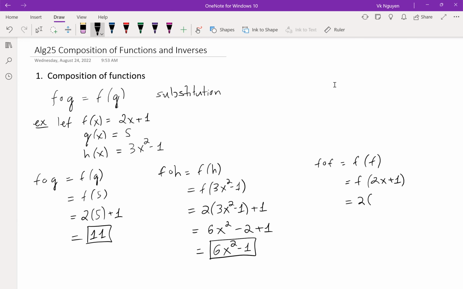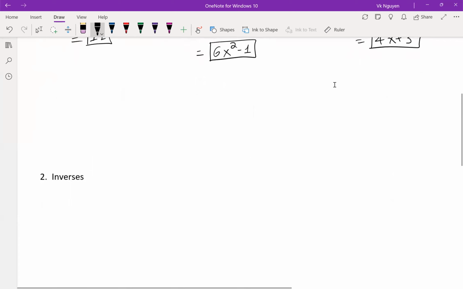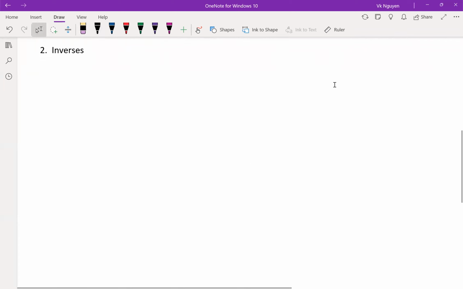So we have 2 times 2x plus 1, plus 1. 4x plus 2 plus 1. 4x plus 3. Pretty cool, huh? Let's move on to inverses.